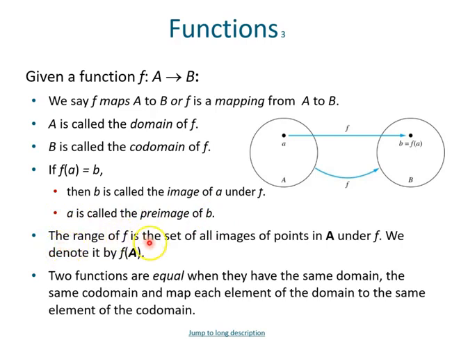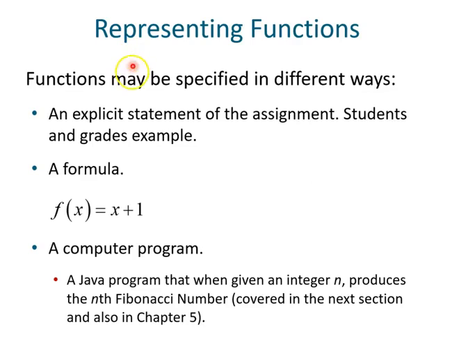The range of f is the set of all images of points in A under f. We denote the range by f of A. Two functions are equal when they have the same domain, the same codomain, and map each element from the domain to the same element of the codomain. Functions may be specified in different ways.